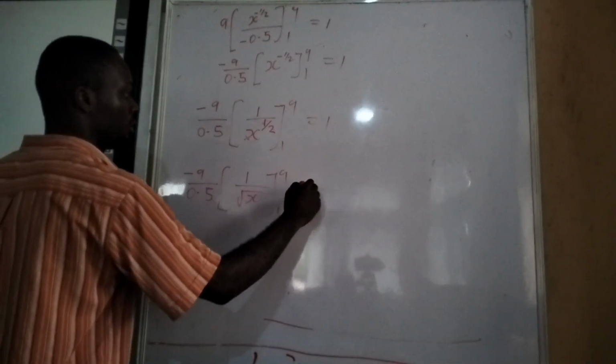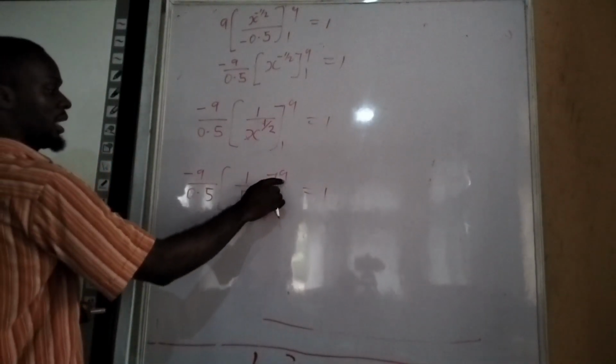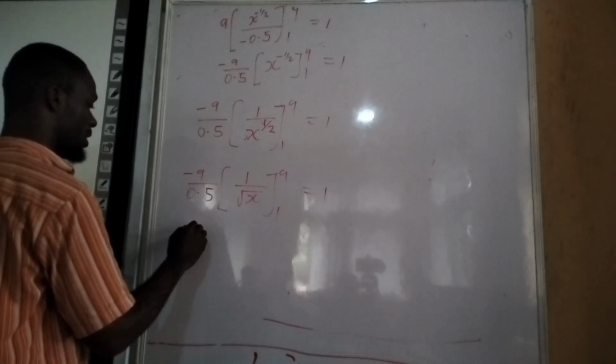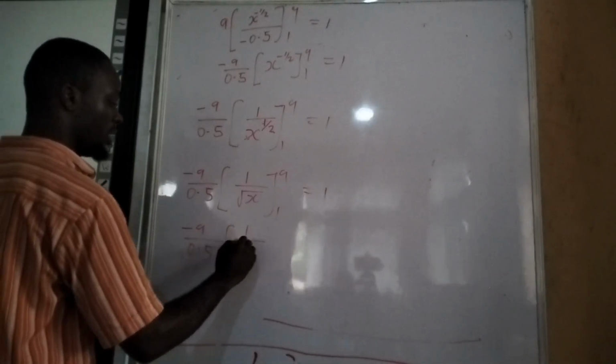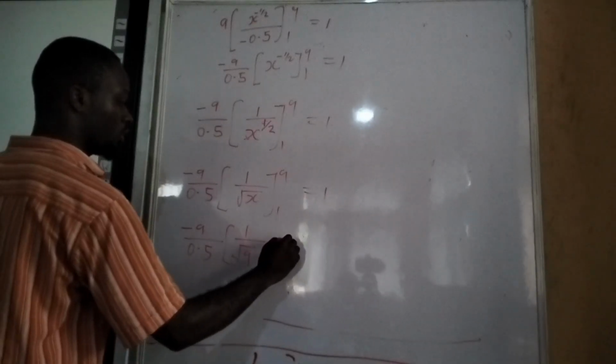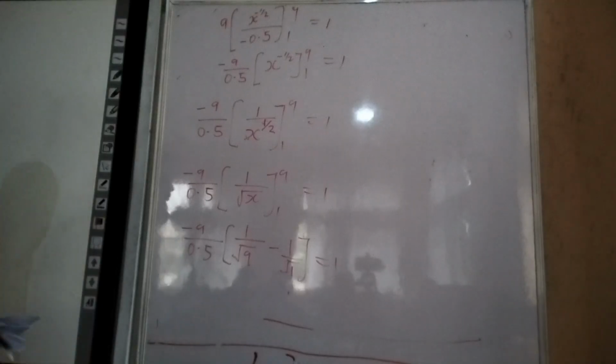So we now take limits. Replace S with 9 and replace S with 1. So we have minus A over 0.5 times 1 over root 9 minus 1 over root 1, equal to 1.